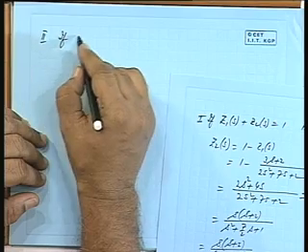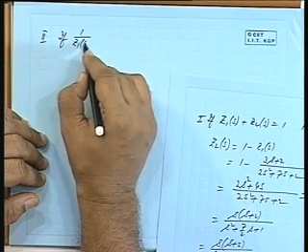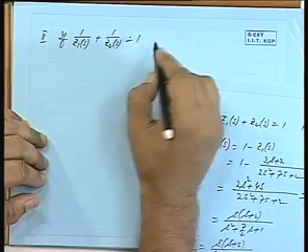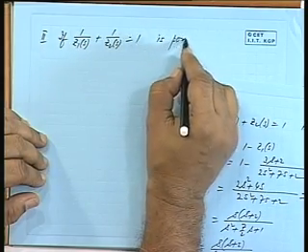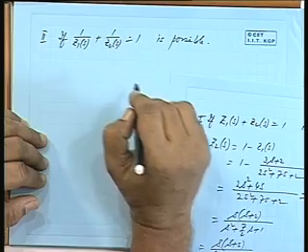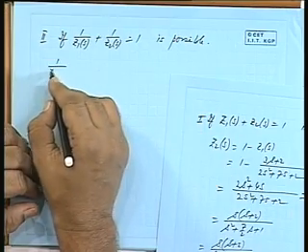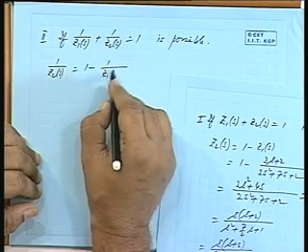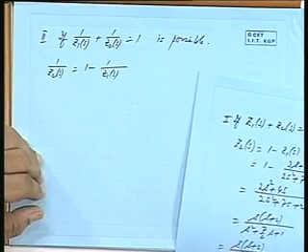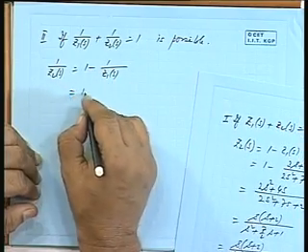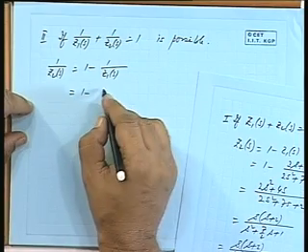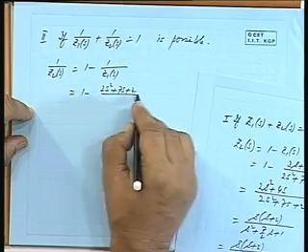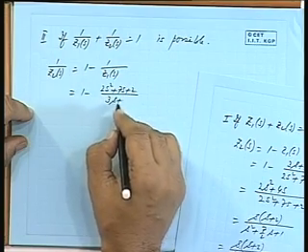If 1 by Z1s plus 1 by Z2s equal to 1 is possible, then 1 by Z2s will be 1 minus 1 by Z1s. Okay, that is 1 minus, and Z1s was 2s squared plus 7s plus 2 divided by 3s plus 2.